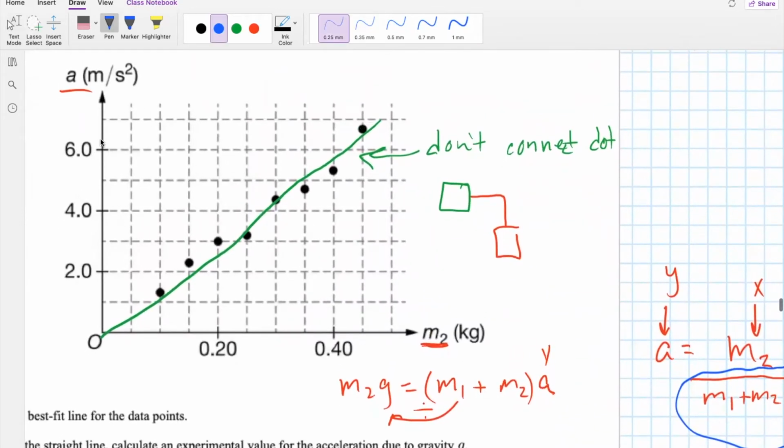So it looks to me like this is maybe about 6.8 approximately at about, let's see here, 0.2, 0.25, 0.3, 0.35, 0.4. Okay. So then this is 0.45. So the slope of this is approximately 6.8 meters per second squared divided by 0.45 kilograms.